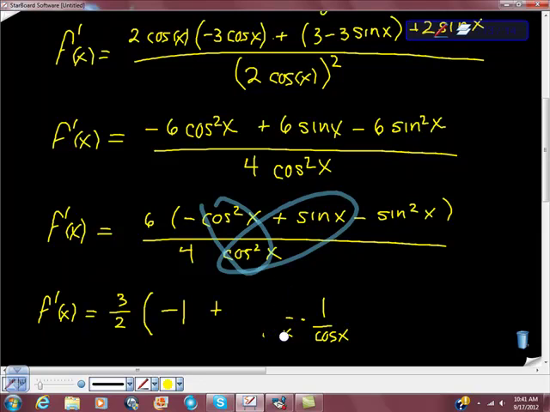So this is tan x here. So I get a tan x here, tan x here. And what's 1 over cosine? Cosecant, right? No, 1 over cosine is secant. That's all right. Good work.